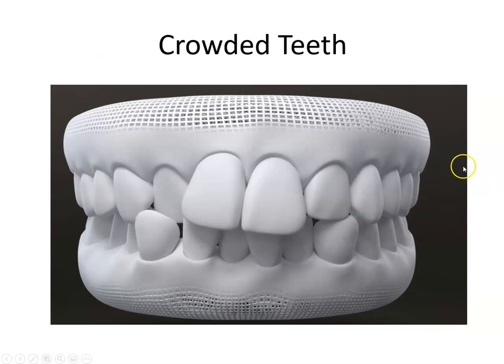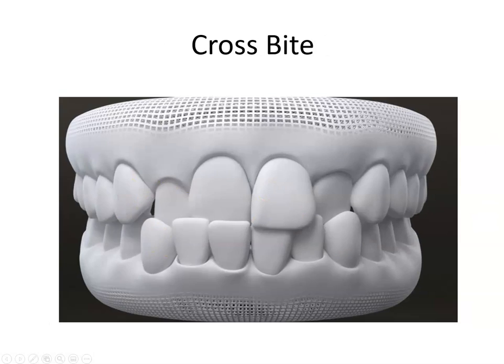Moving forward, crowded teeth could also show up where you have them leaning, they're not in the right position, and at this specific area, that's called a cross bite. There's a specific bite that shows multiple teeth that are in the wrong position. Naturally, the top teeth have to sit over the bottom teeth.